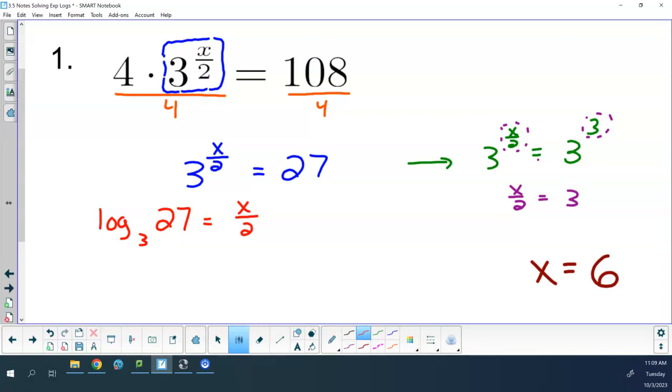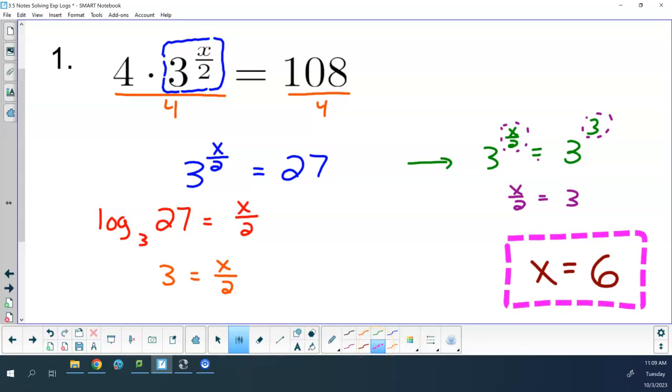Either way, we get 3 there. And then that takes us to the same spot we were at for x being 6.